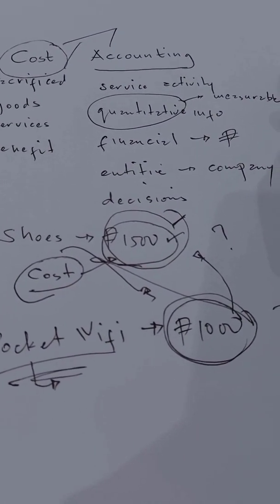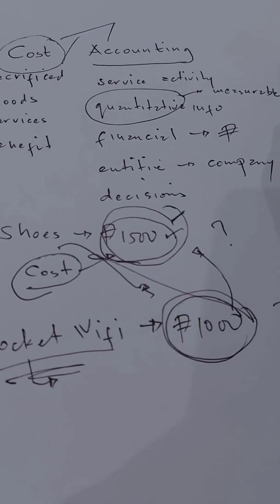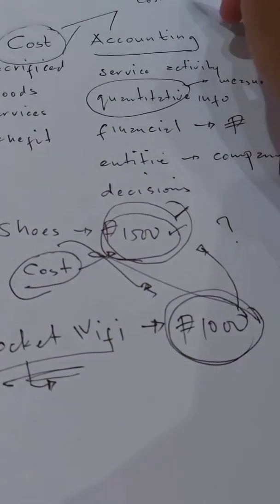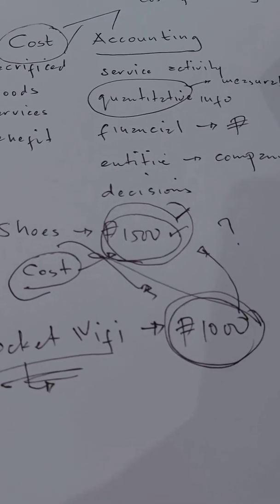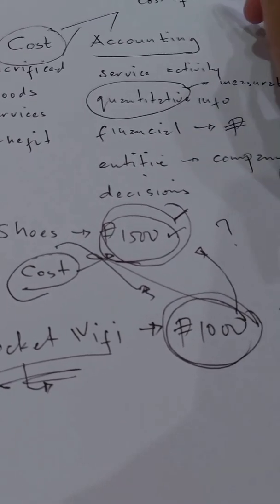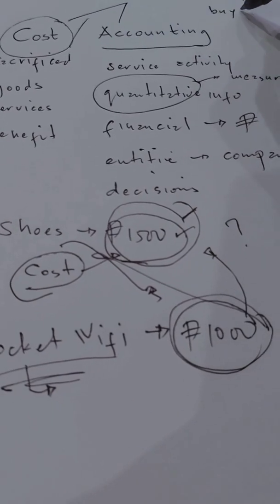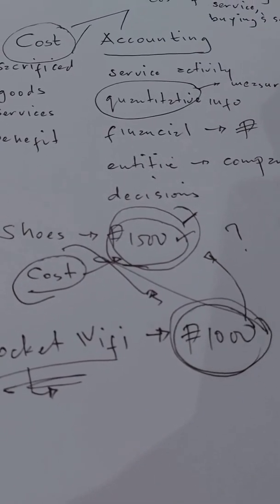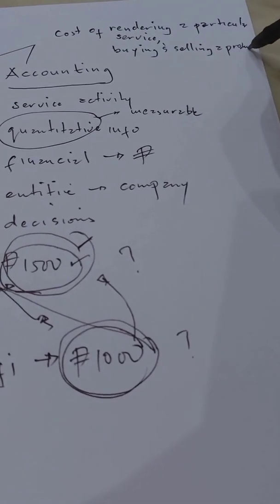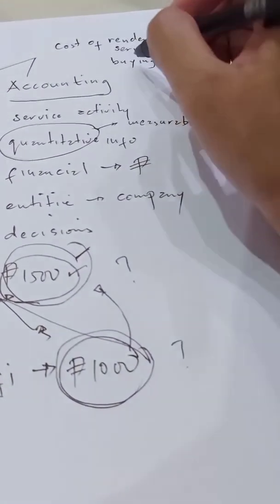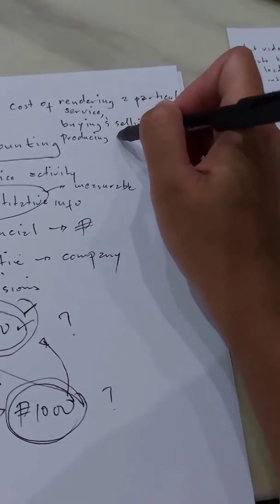So, cost accounting is an expanded phase of general or financial accounting which informs management promptly with the cost of rendering a particular service, buying and selling a product, and producing a product.